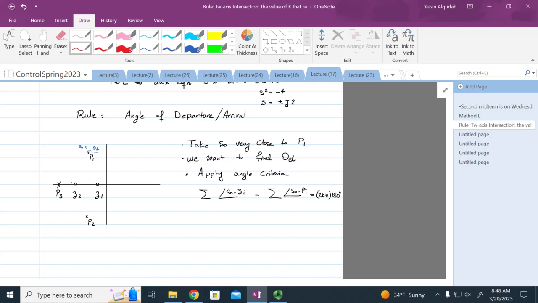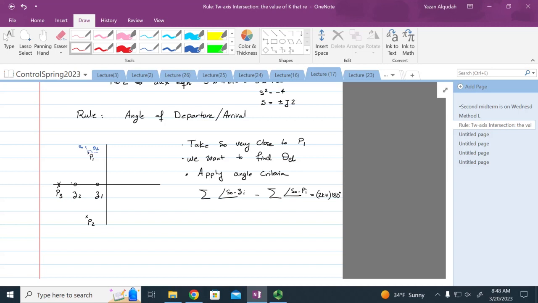What we're going to do is assume we are so close to P1 that the angles to S0 are the same as the angles to P1. Does that make sense? You can think of this as exaggerated distance. In reality, this S0 is so close to P1 that the angles that all the poles and zeros make to it are no different than the angles that they make to P1. Make sense?